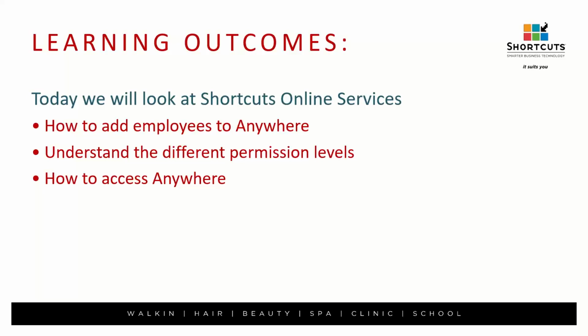We're going to show you how to add staff members, how to add employees so that they can look at their schedules, how to understand the different permission levels, because maybe you only want your staff to look at the appointments for themselves, not necessarily to make appointments for themselves or to make appointments for other staff members. So it's important that you understand the different permission levels. And of course, how do you access Anywhere? How do you go to it? How do you find the page?